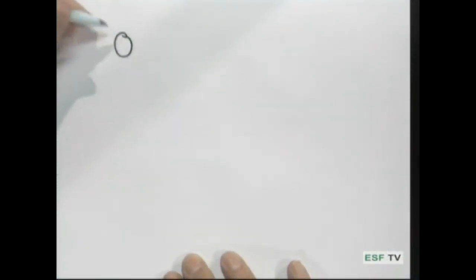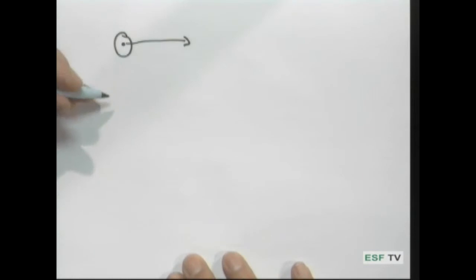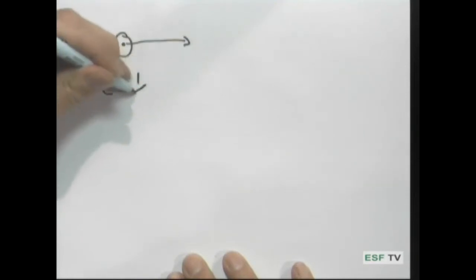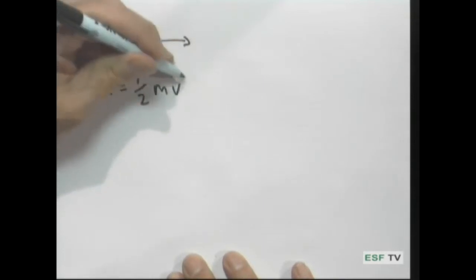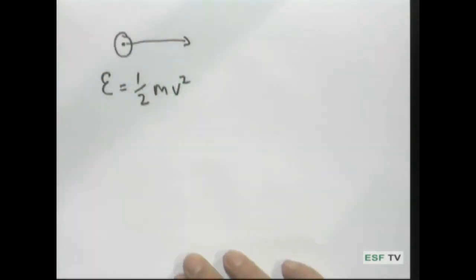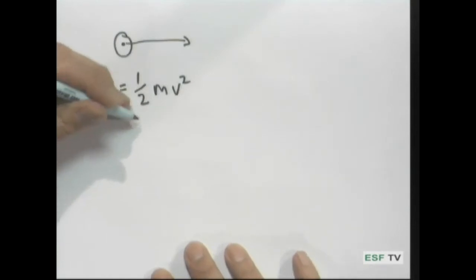If you take a molecule going at a certain velocity, then you can calculate energy quite easily with a standard equation, where the energy is equal to 1/2 times the mass of the molecule times the square of its velocity. This is a standard equation for calculating kinetic energy from the mass of a molecule. Now let's look at what the units of that quantity are.